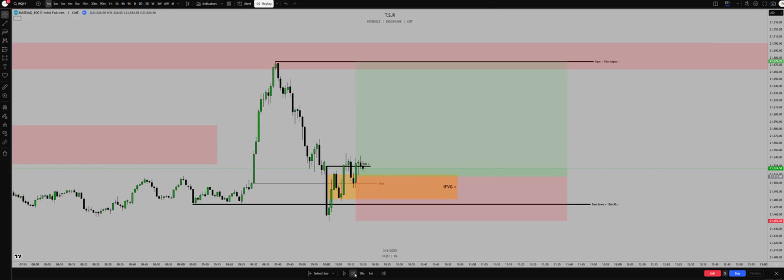We're on the 1 minute time frame here. So the order block being right there. We'll just advance price.